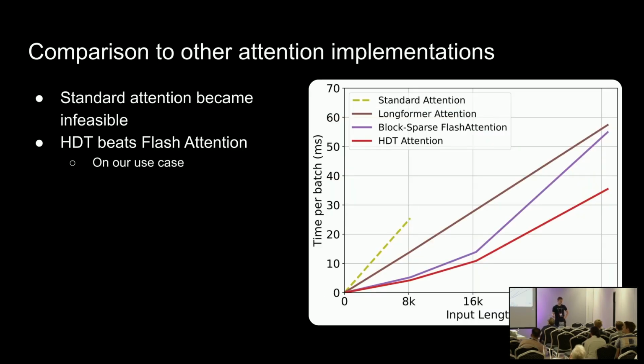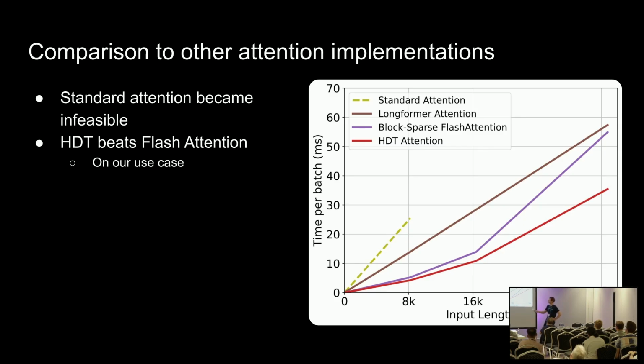As a result, of course, as in every research paper, we made things better: we're faster than FlashAttention on this use case. You can also see this green line here, which is the standard attention. We had to stop computing it because it's quadratic in runtime regarding the input length, so we could not even continue experiments there.